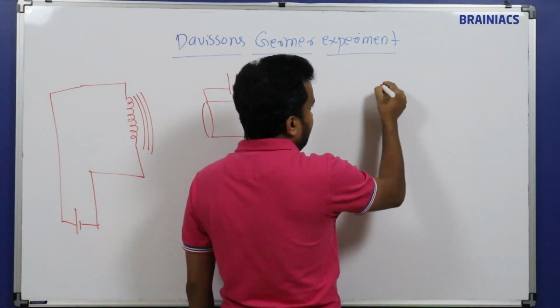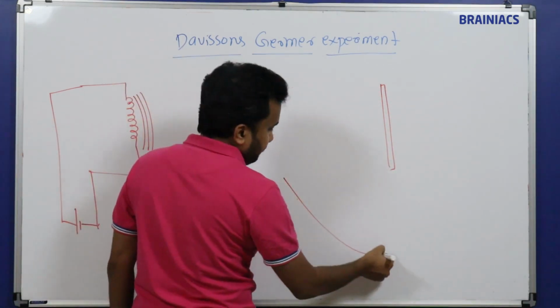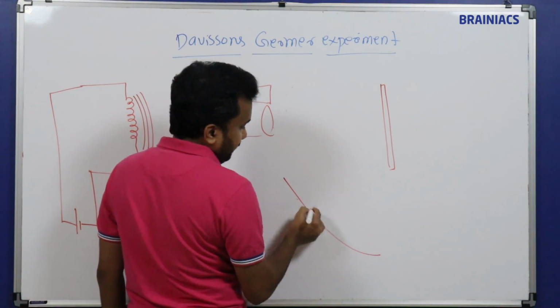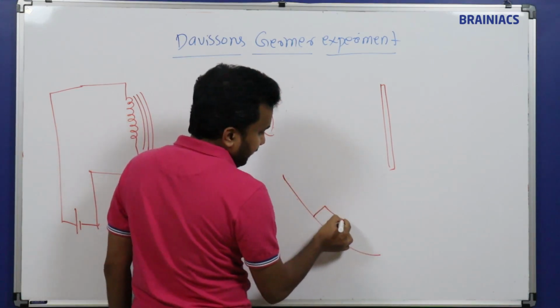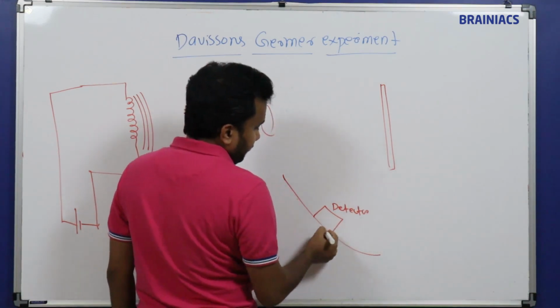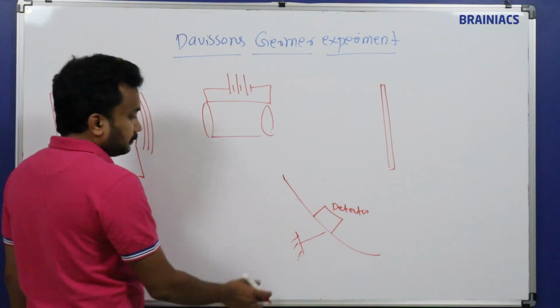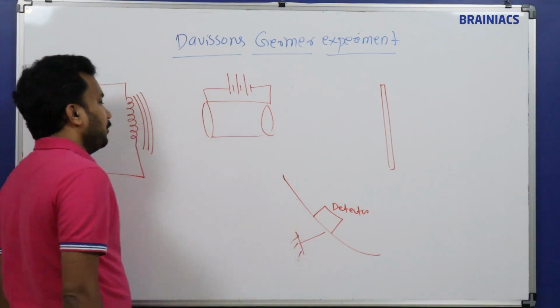So we have a nickel material over here. Then to catch it, we have a detector over here, which is mounted, for example, with some piston over here.